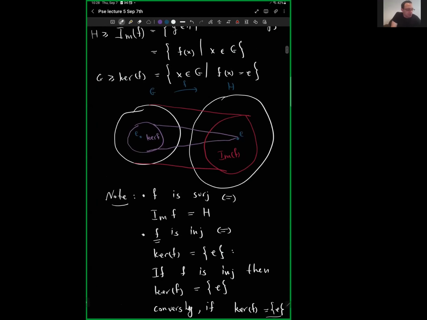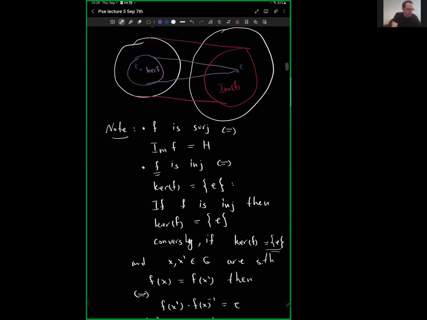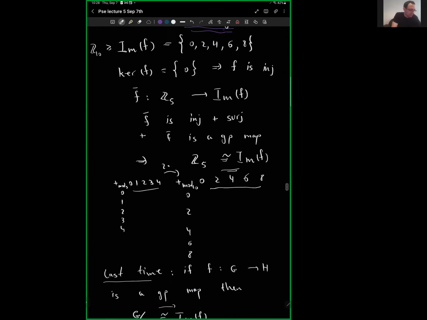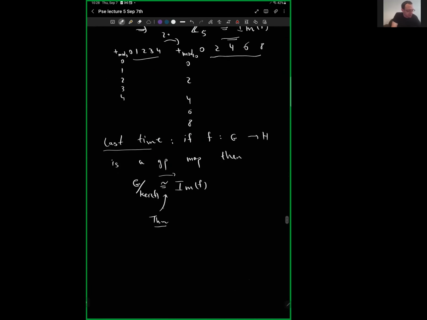A map is surjective if and only if the image of this map is the entire group H, and it is injective if and only if the kernel of this map is minimal, I mean, the trivial subgroup in G. So this kind of duality is expressed in this isomorphism theorem.